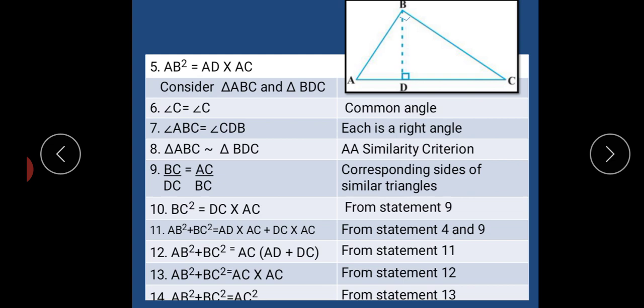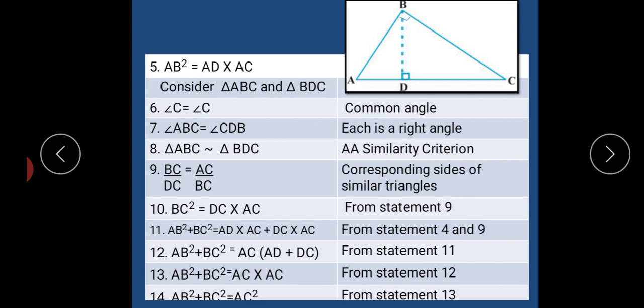So again by AA similarity criterion, the two triangles are similar. This time the two triangles have BC as a common side. So BC from the first triangle corresponds to DC from the second triangle. Since I want BC square, I am taking BC from the second triangle in the denominator, which corresponds to AC from the first triangle. So you get BC square is equal to DC into AC.